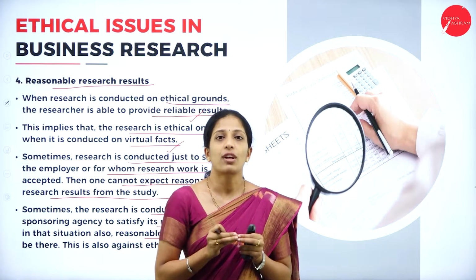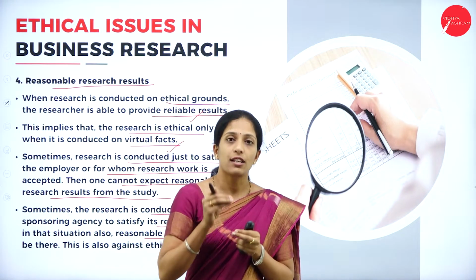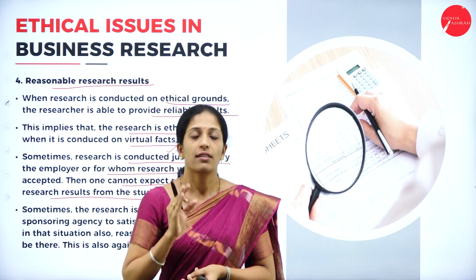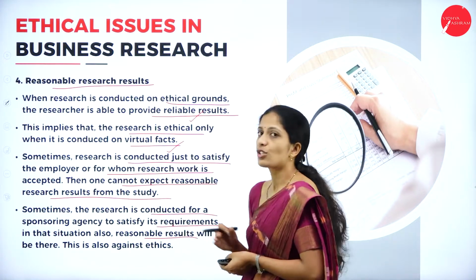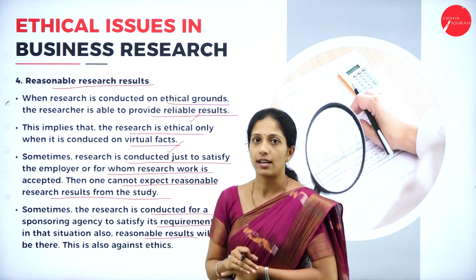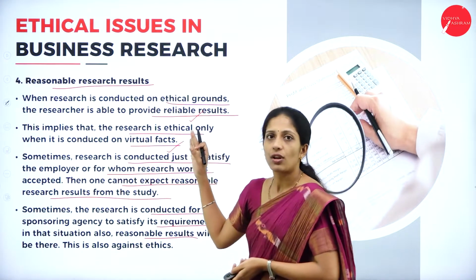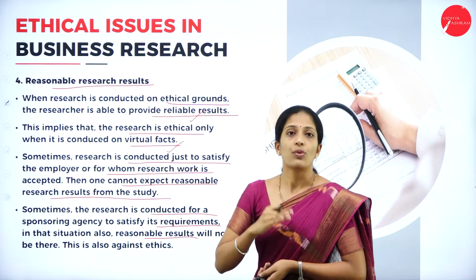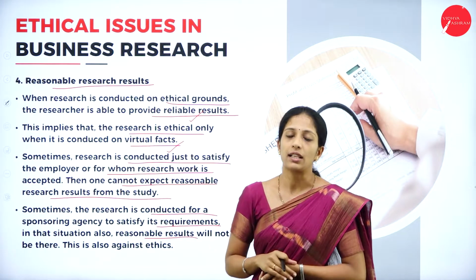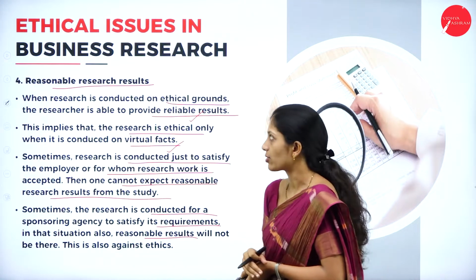Even though he is working for others, he has to make sure that he is doing the work for himself. Then only he can satisfactorily do the work, and the results they get will also be reasonable. If he does not conduct in that manner, then he will not get reasonable results, which means he is not following the ethical issues of business research.